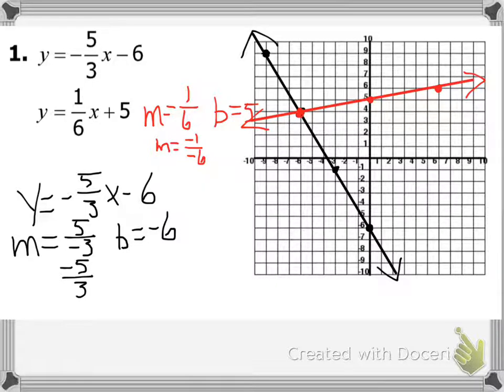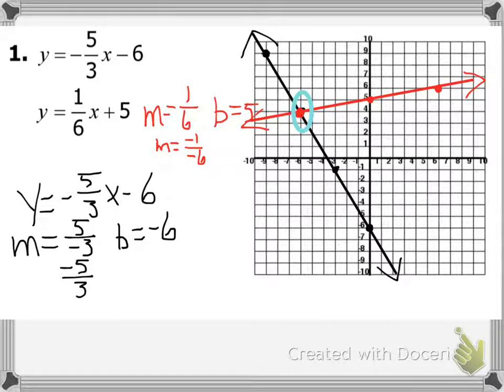Okay. I've got to find the solution though. Raise your hand if you can tell me my solution here. Yes. -6, 4. Very good. Once again, it's this ordered pair right here, where they're intersecting.